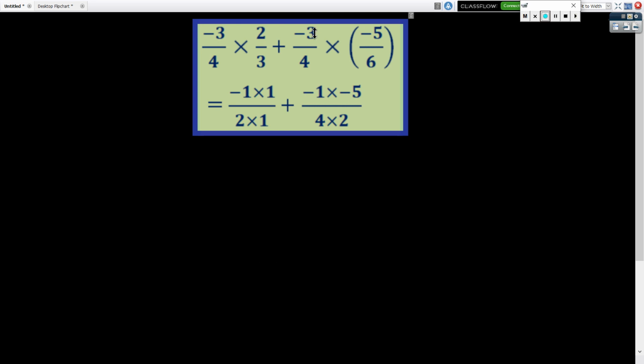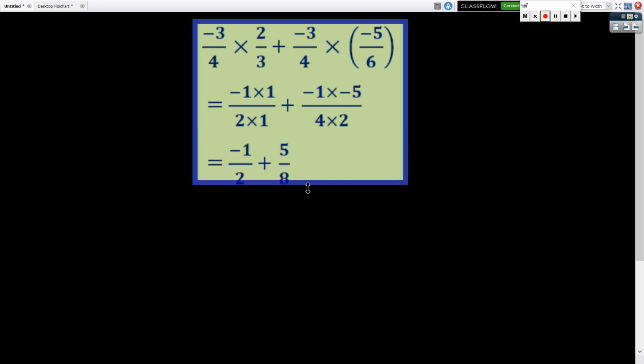So this will be negative 1, this will be 2. 4 and 5, nothing can be done. So the numerator will be negative 1 into negative 5, and the denominator 4 into 2. Negative 1 into 1 is negative 1 by 2, plus negative 1 into negative 5 is 5 by 8.